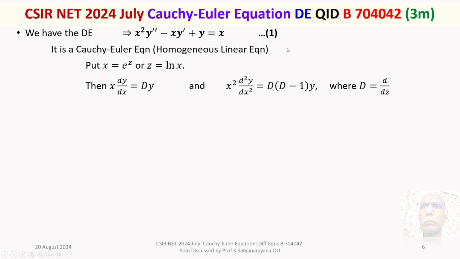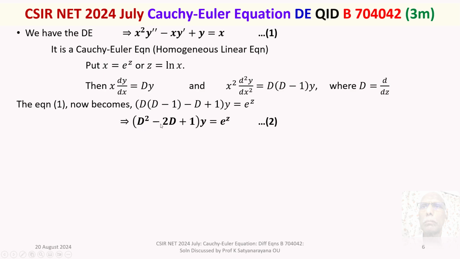Now the differential equation 1 gets transformed into (D into (D minus 1) minus D plus 1), operating on y, is equal to e to the power z. Now simplifying, we get (D square minus 2D plus 1) operating on y is equal to e to the power z.